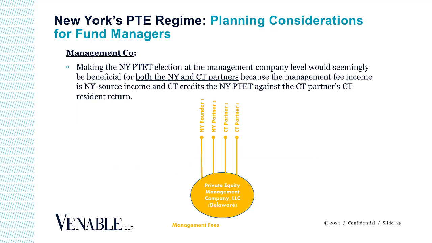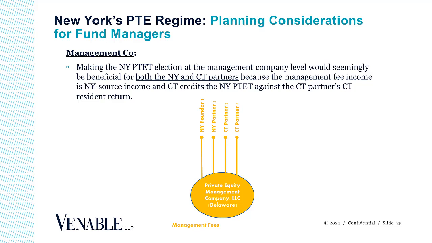On these facts, and admittedly they're overly simplified, but this is the foundation from which to do any analysis, you have folks that are residents of New York and Connecticut. And that's probably going to be the case. You have owners that live anywhere, say in the tri-state area. And the management company, as we mentioned, has New York source income.